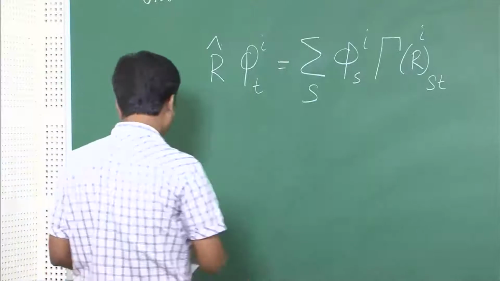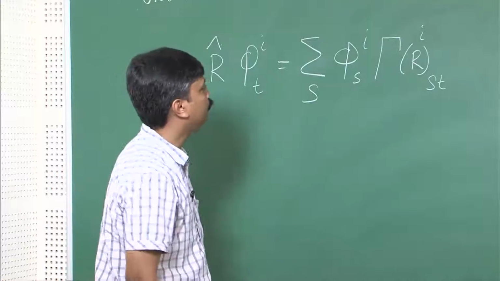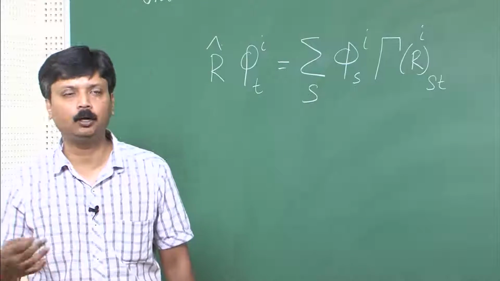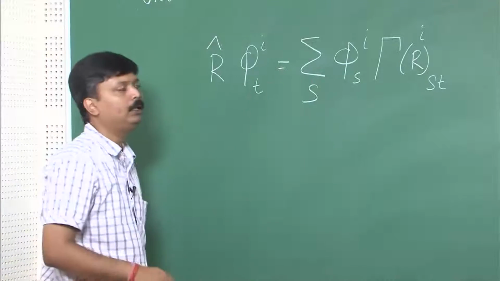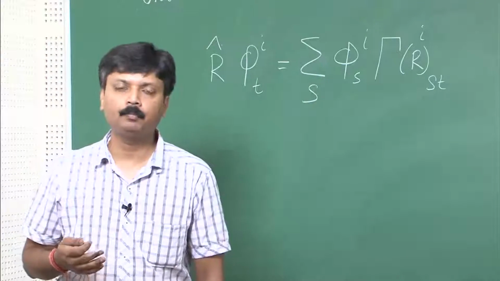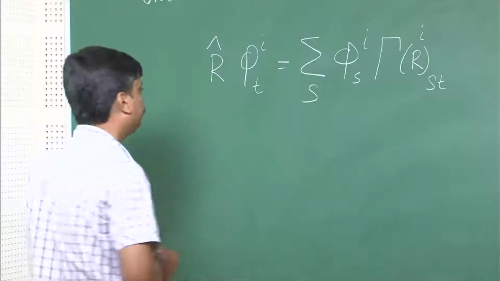All right. So now, in order to find out how to get the projection operator, I will multiply both sides with another representation for a jth irreducible representation, say.